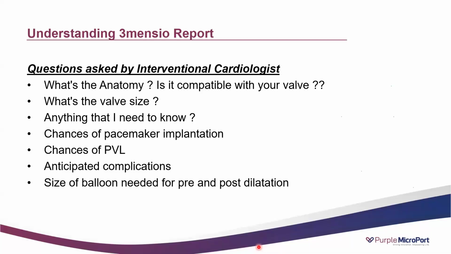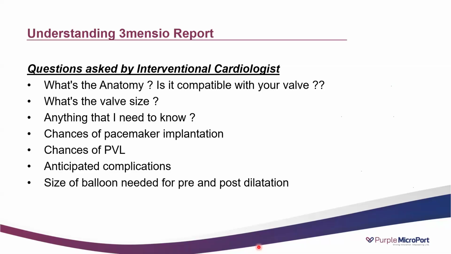Rajan, the question is not to you, but can somebody else explain the size of the balloon needed for pre and post dilatation? How do you decide what should be the size of the balloon? For the pre-dilation, it's the minimum annulus diameter, and for post-dilation, the average diameter.